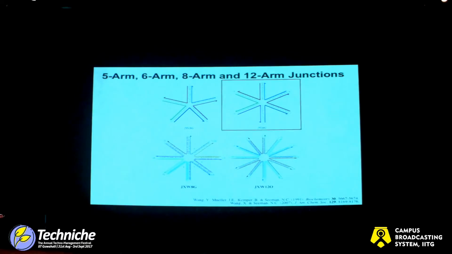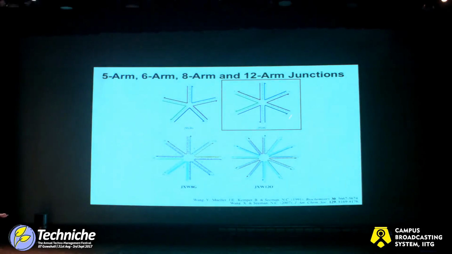In the fall of 1980, so long before this work was reported, I walked over to the campus pub at the university I was in and decided to think about 6-arm junctions.